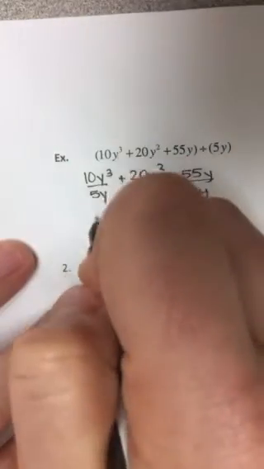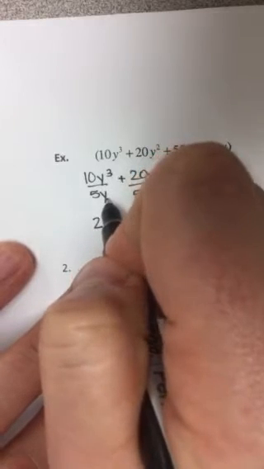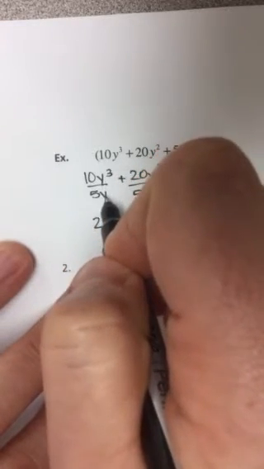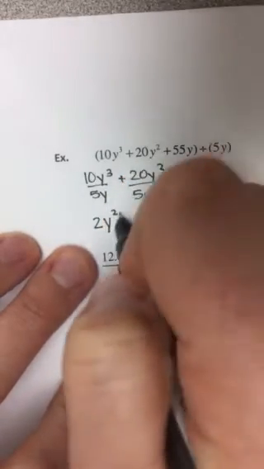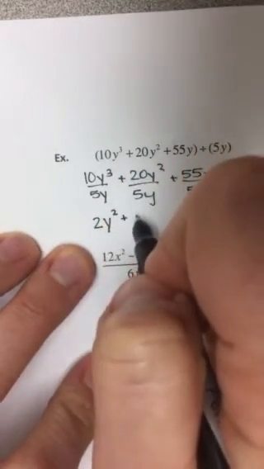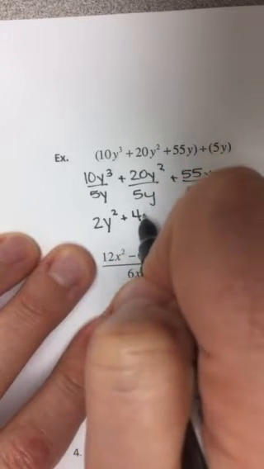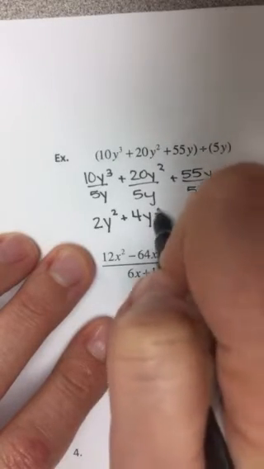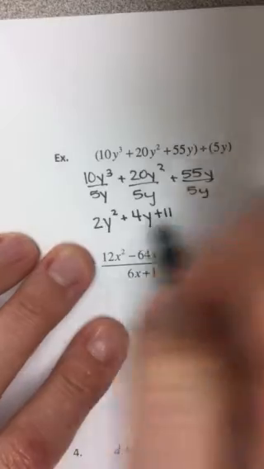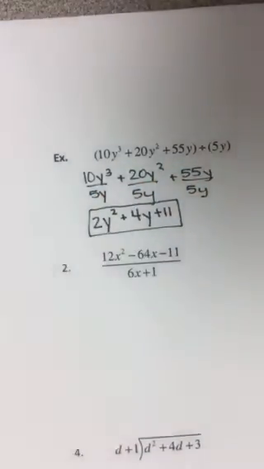So I have the 10 divided by 5, which is 2, y to the third over y to the first, 3 y's on the top, 1 y on the bottom, one of them would cancel out, and I'm left with the y squared, plus 20 divided by 5, which is 4, 2 y's on the top, 1 y on the bottom, so that would leave me with 1. 55 divided by 5 is 11, and again, these y's would cancel. So my final answer would look like this: 2y squared plus 4y plus 11.